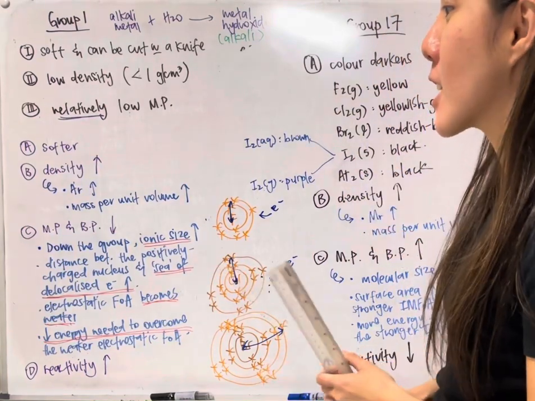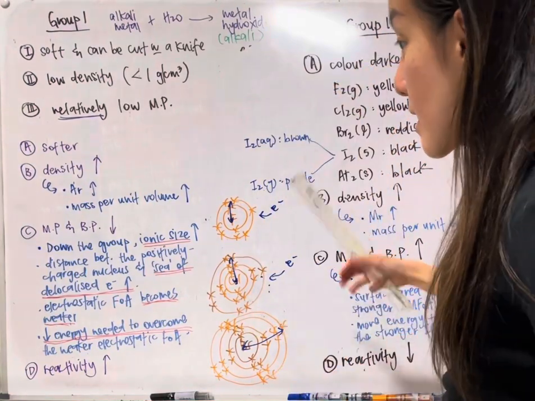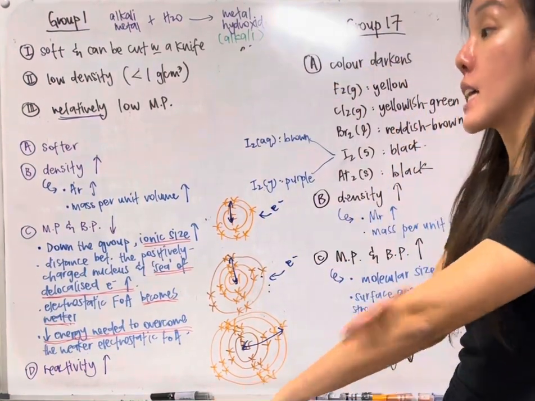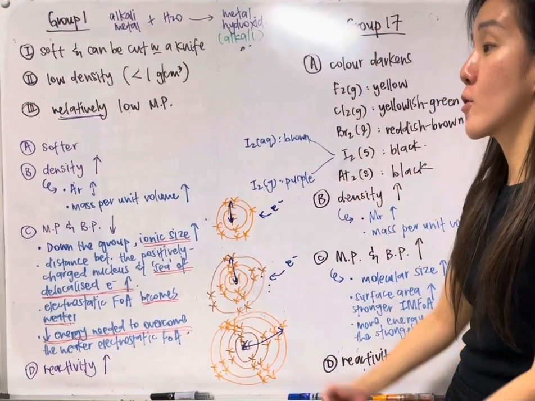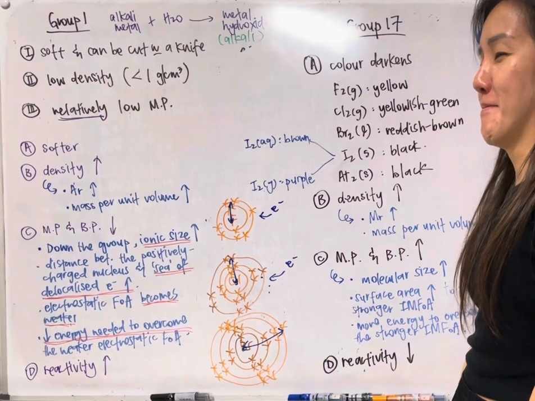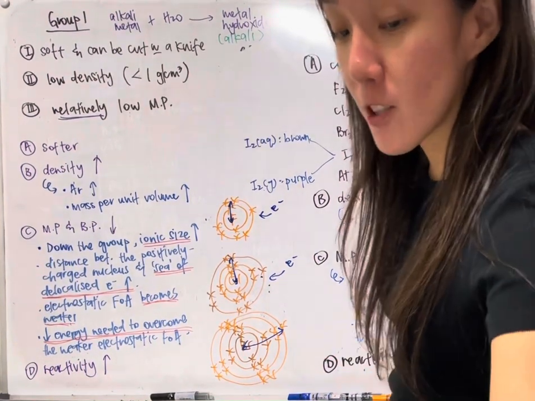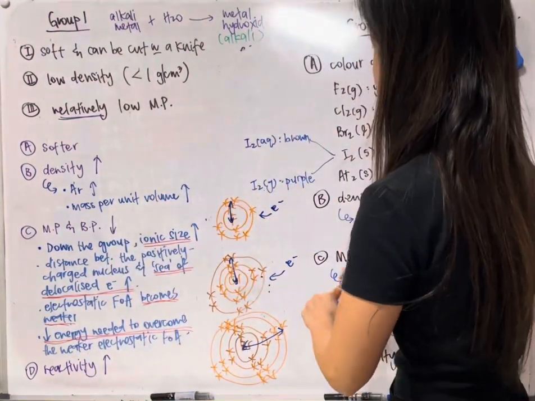So the surface area increases to form stronger... no, not electrostatic. If you do not understand why, I will draw a sketch for you all.